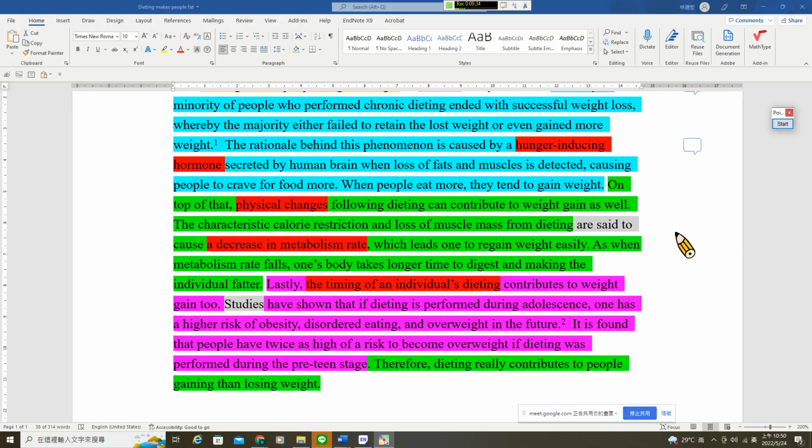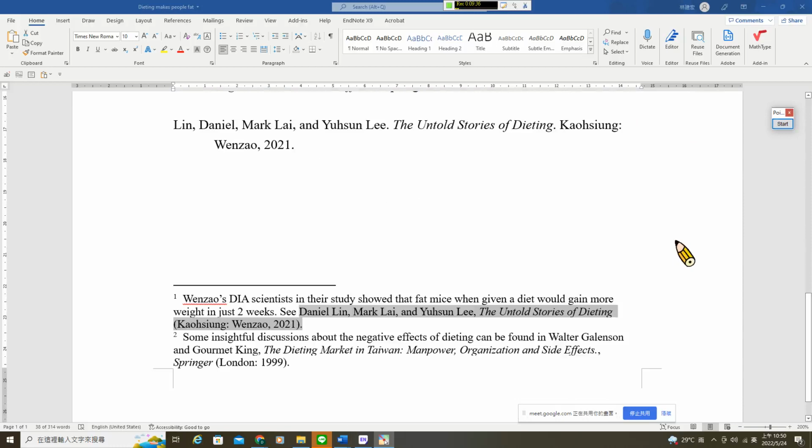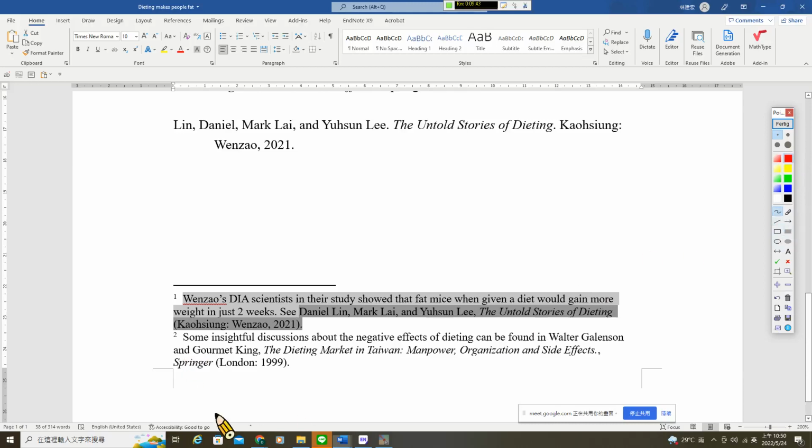So in the note, I provided some detailed illustration here. I said study shows. So this is note number 2. Some insightful discussion about the negative effects of dieting can be found in this source: the dieting market in Taiwan, Manpower Organization, and the side effects. Okay, and this is not the real book. I just put it up there.